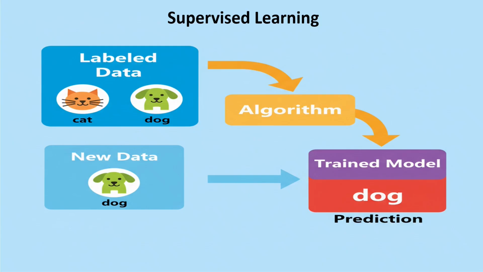In a nutshell, we are feeding the labeled data to the algorithm, so it understands and makes a correlation between the images or data and those labels, and then when it encounters any data which is unlabeled, it is able to predict the correct one.